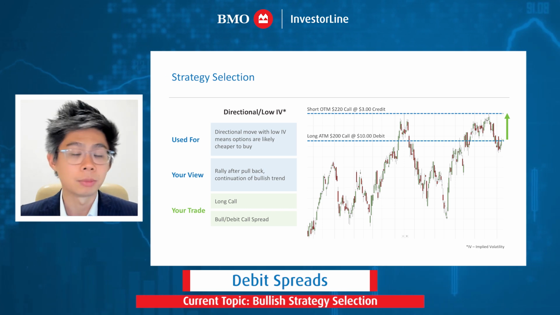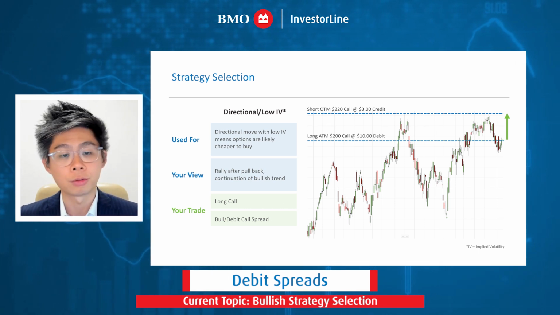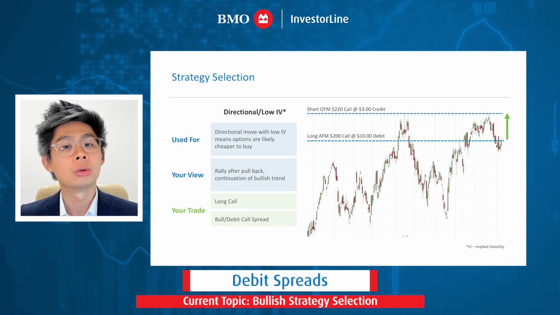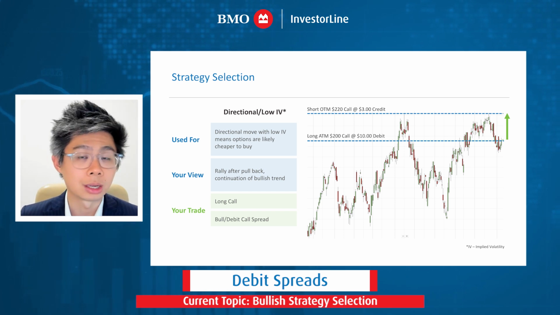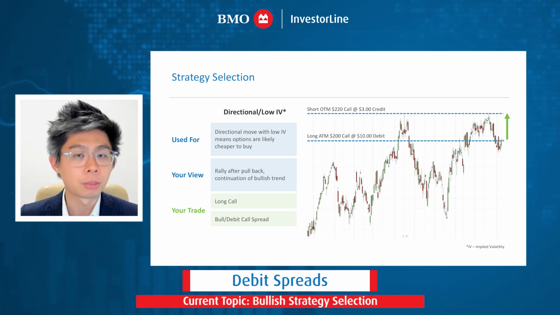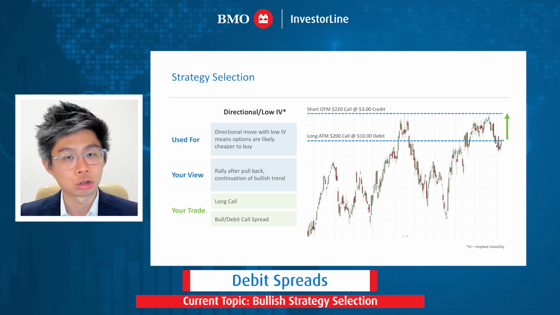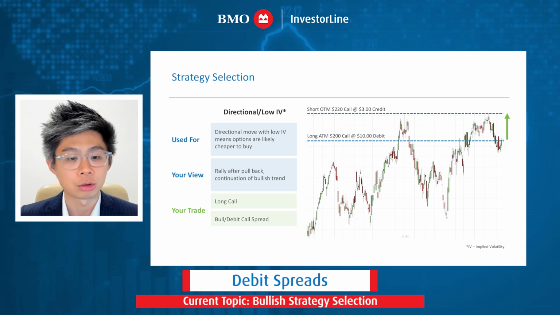But generally speaking, if you've established a bullish trend and you've waited for a pullback in the bullish trend, you're expecting that trend now to continue. Those are examples of when you might want to consider using a debit spread, where you have defined support and defined resistance, and you simply use the debit spread to straddle that support and resistance level to trade within that trading range.